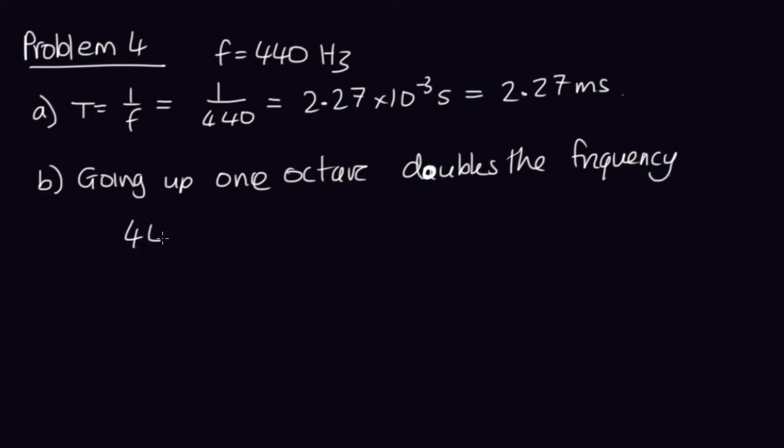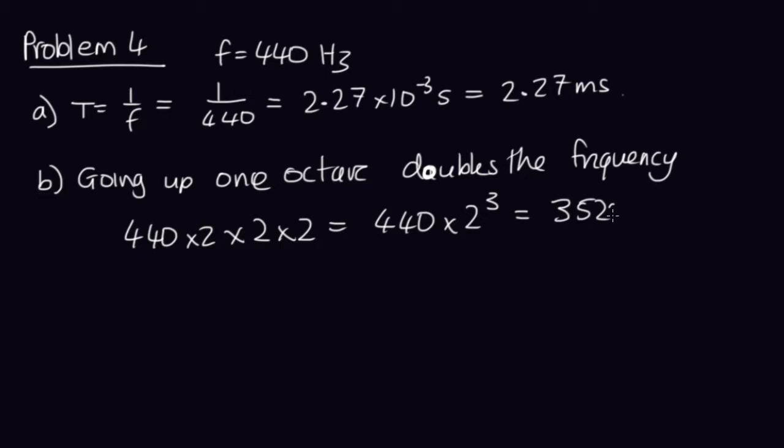So we have 440 times 2 for 1 octave up, times 2 again for 2 octaves up, times 2 again for 3. So that's 440 times 2 to the power of 3. To go up 3 octaves, we have this power of 3 here. And then solving that, we end up with 3,520 Hertz as our new note.